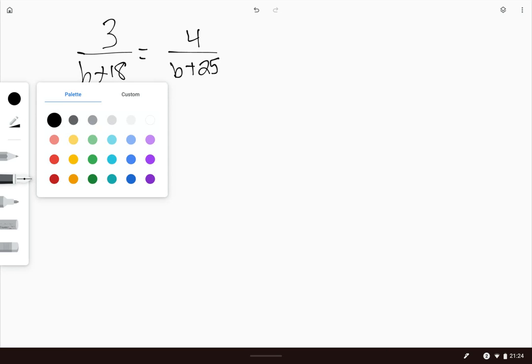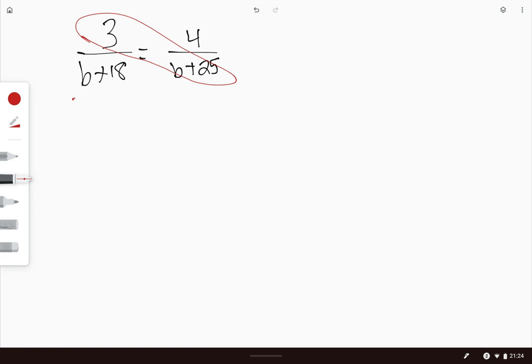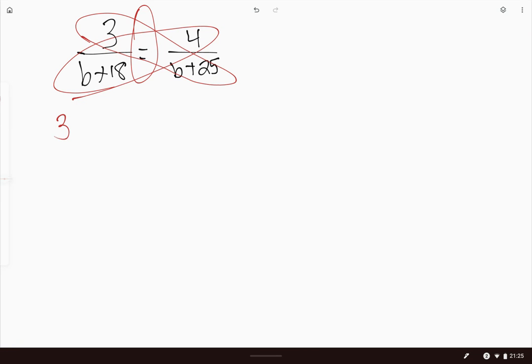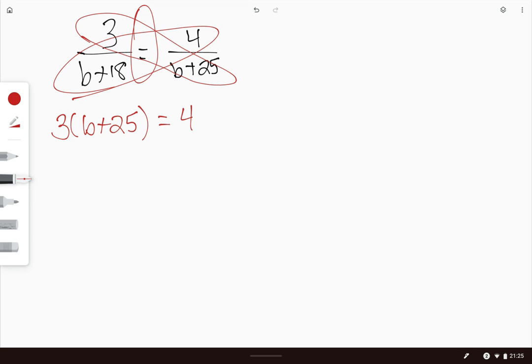So same thing: cross multiply and make your little butterfly, keeping the equal symbol. So we have 3 times (b plus 25) equals 4 times (b plus 18).